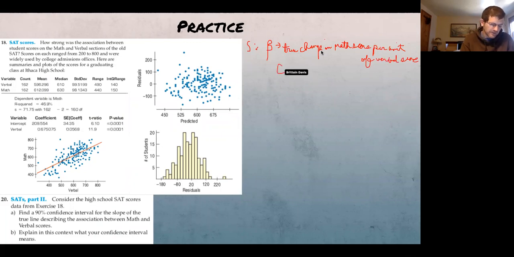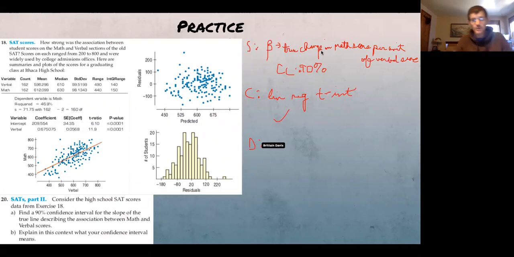My confidence level is 90%. I'm going to skip the checking since I already did that. So I will do the linear regression t interval. I checked my conditions.